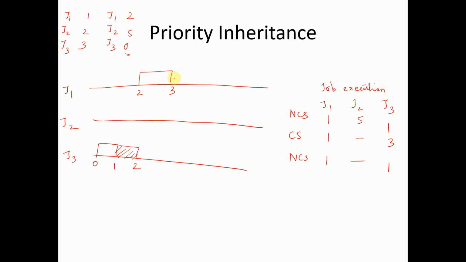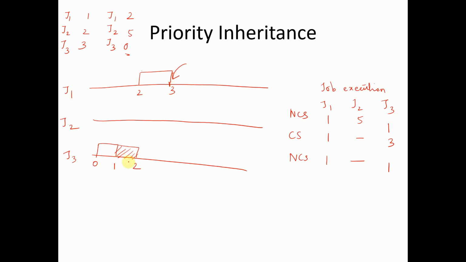Now at this point just assume that J1 requests a shared resource which is held by J3. Right now J3 is present in its critical section.